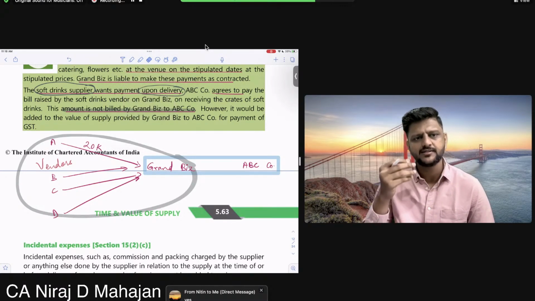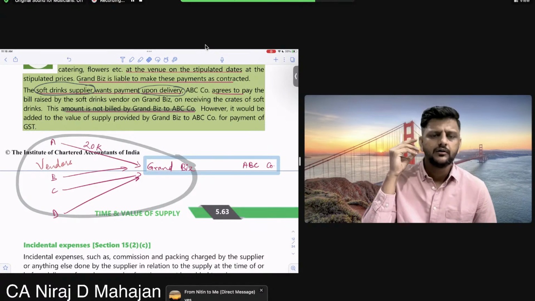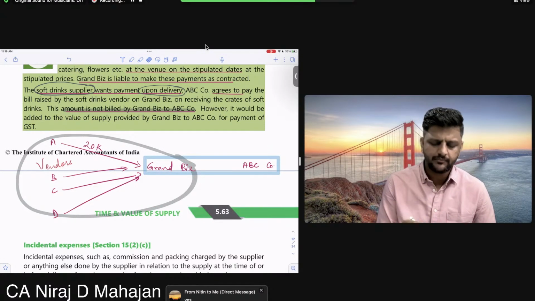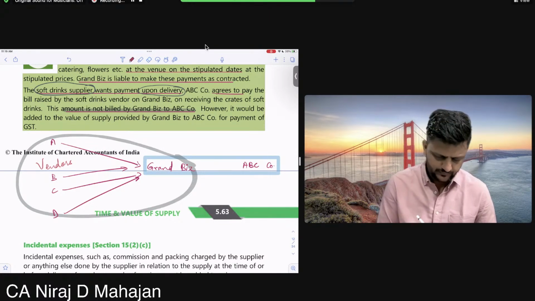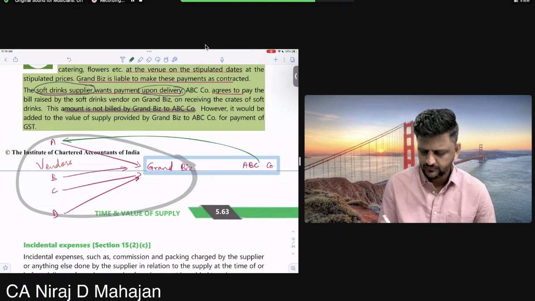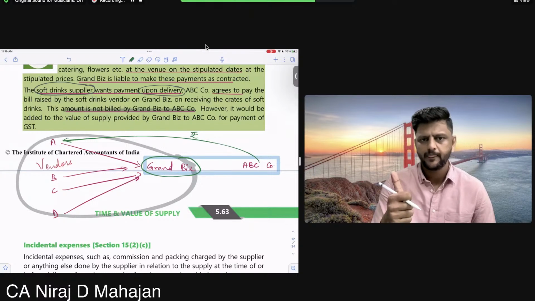Even if A, the soft drink vendor, has given the service of soft drinks worth 20,000, Grandbiz is not making payment. Okay? Who made payment? Understand? Supplier's liability, right?